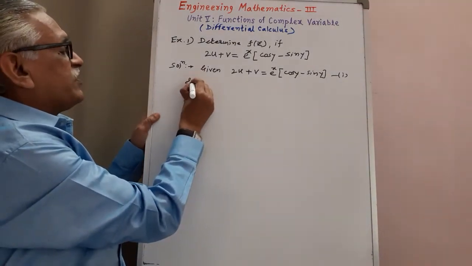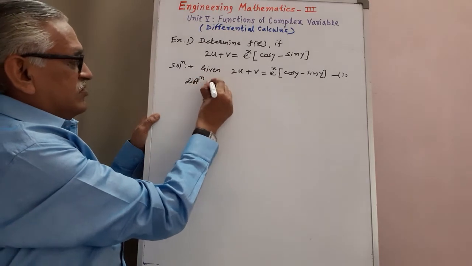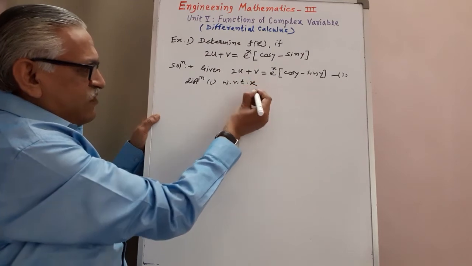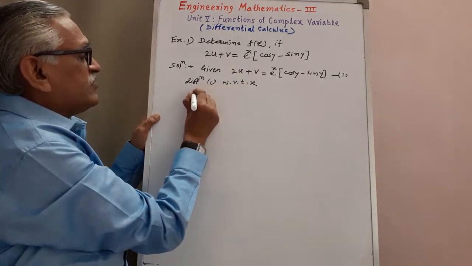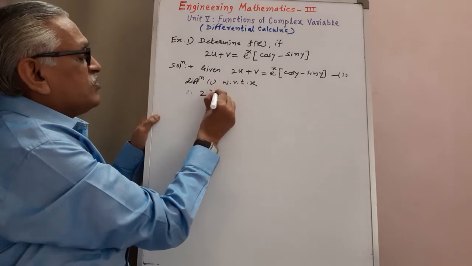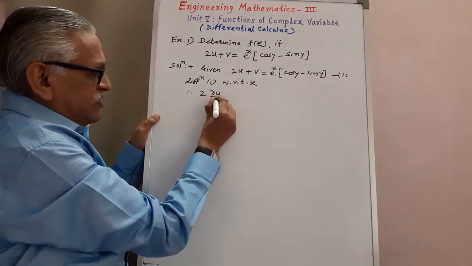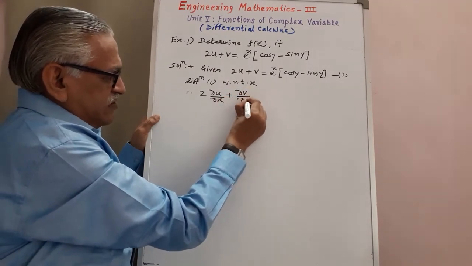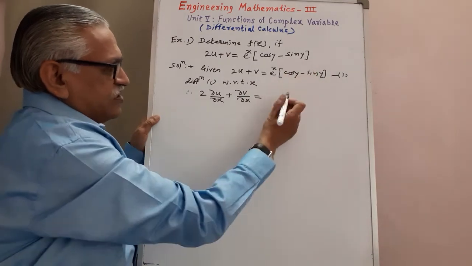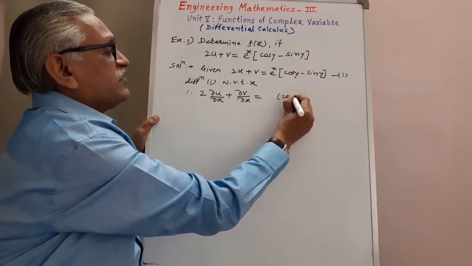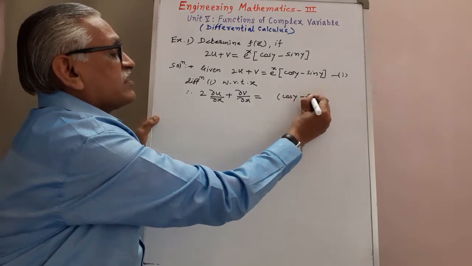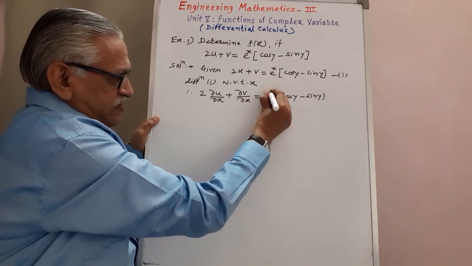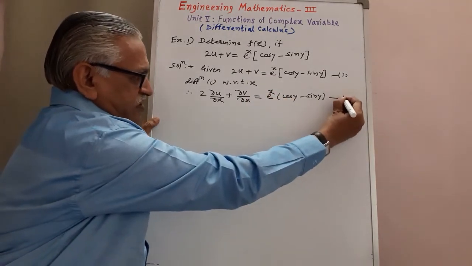Then differentiating 1 with respect to x, keeping y constant, and therefore we get 2 times dou u by dou x, derivative of u with respect to x, derivative of v with respect to x, dou v by dou x. This term is constant term, taking outside as it is, cos y minus sin y, and derivative of e raised to x with respect to x is e raised to x. We call this as equation number 2.